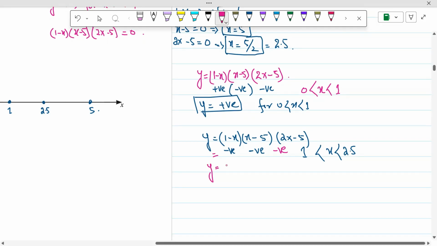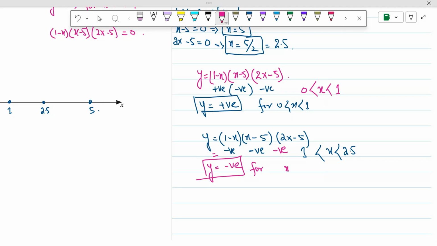So y is negative for x between 1 and 2.5.